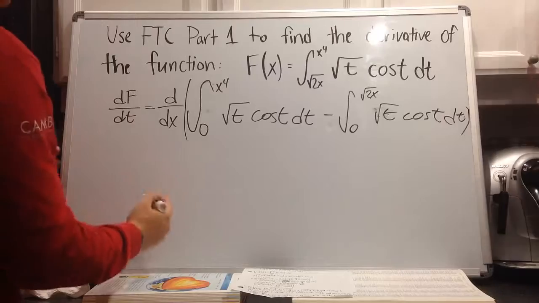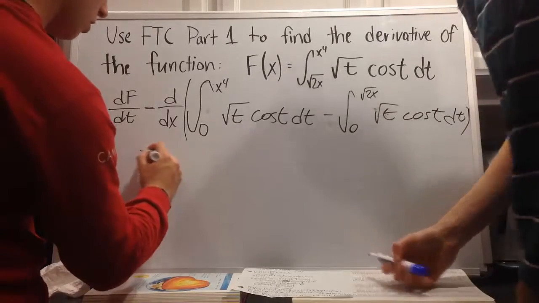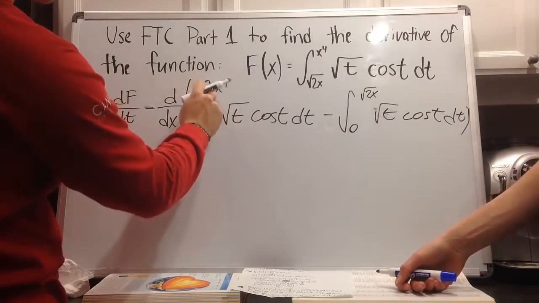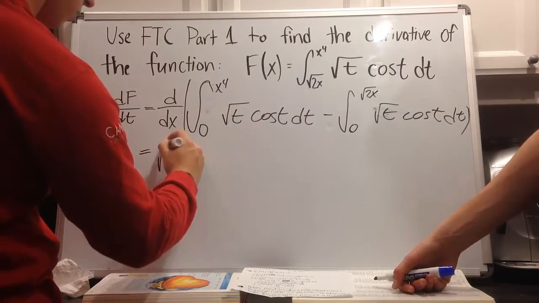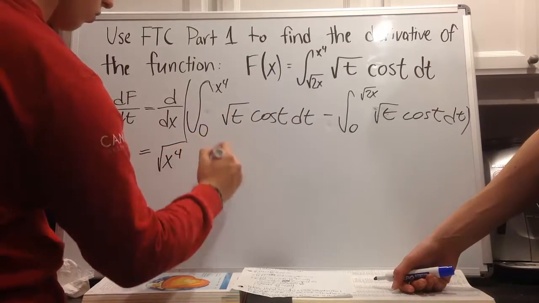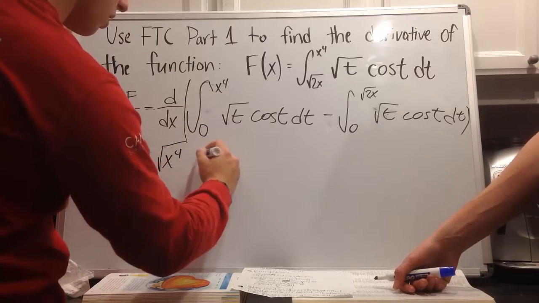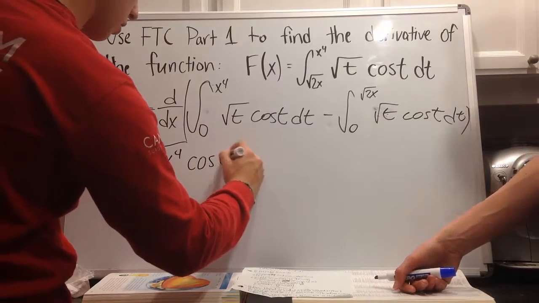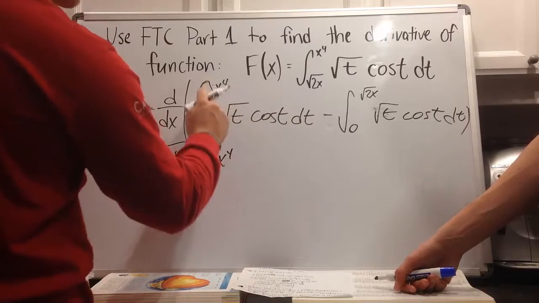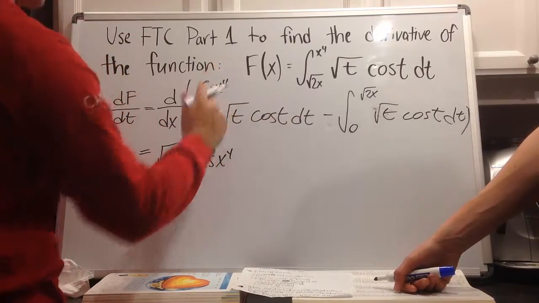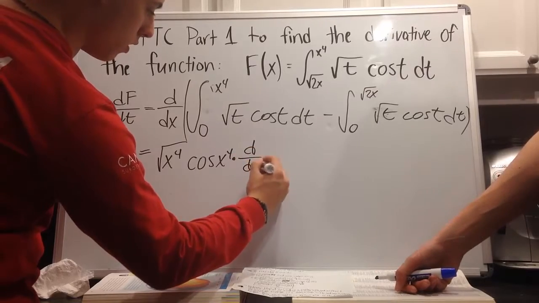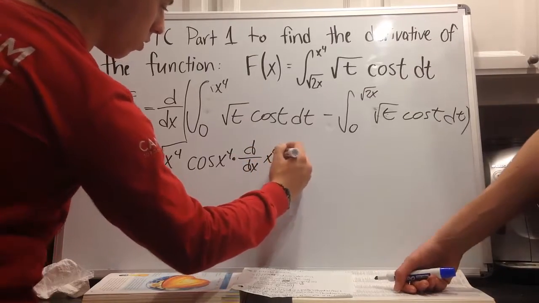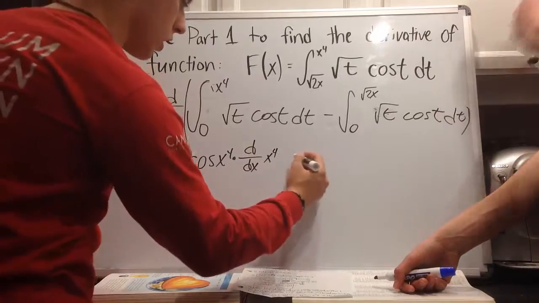And that ends up being, so we're going to put in x to the 4 for t there and t there, so it'll be the 4th root of x to the 4th cosine x to the 4th, and then we also have to take the derivative of that upper limit, so times d over dx of x to the 4, and then subtract.